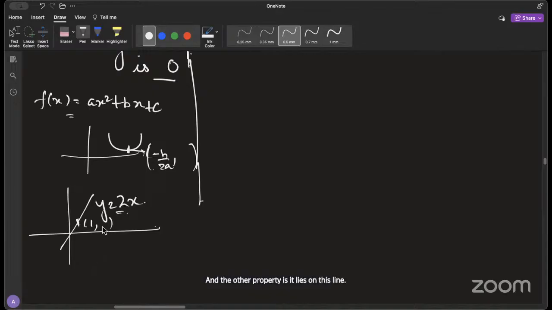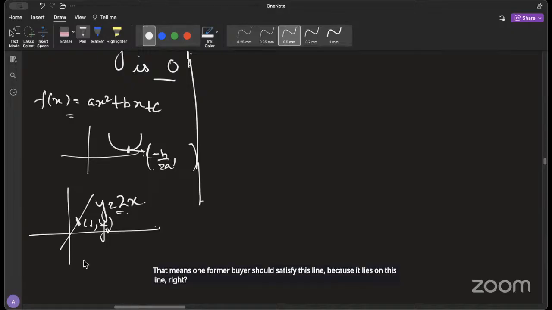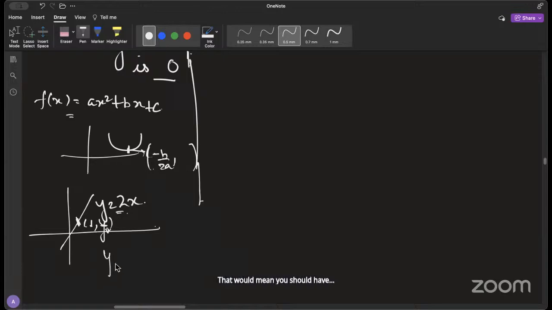So if you have to find the y coordinate, let's assume it's y naught. That means (1, y naught) should satisfy this line because it lies on this line. That would mean y naught equals 2 times 1, so y naught should be equal to 2, right? That's how you find y.